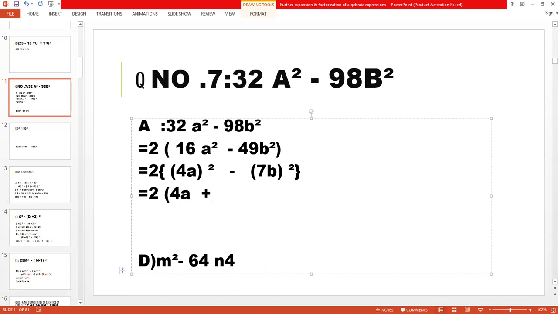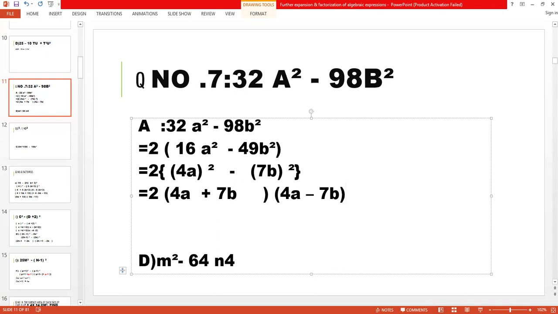But the second term, one time it will be added, and one time it will be subtracted. That is 4a. Okay. Now we come to the second term, that is 7b. So one time it is added, 7b, and one time it is subtracted, 7b.